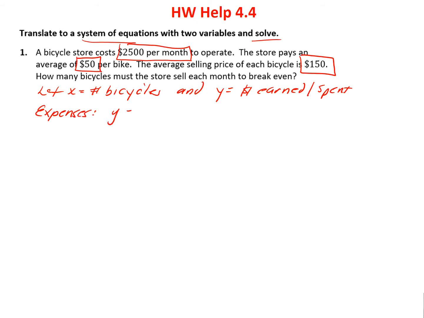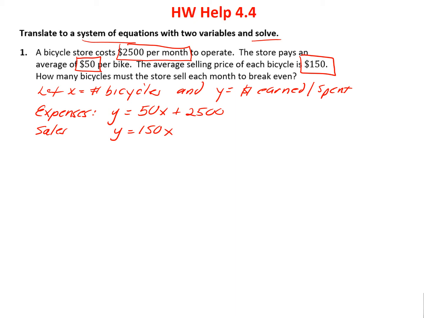Our expenses Y are going to equal, first of all, $50 per bike, so it's going to be 50 times X. If I buy 100 bikes, I'm going to have to pay $5,000, and then plus the $2,500 each month for the rental and other things. Now, when it comes to my sales, my income, that's going to be $150 times each one. All right. So there is our problem.